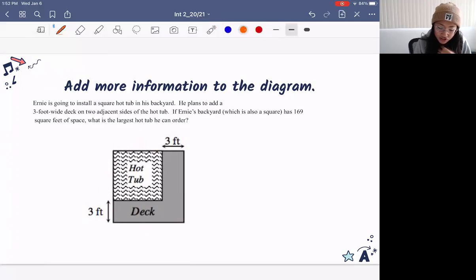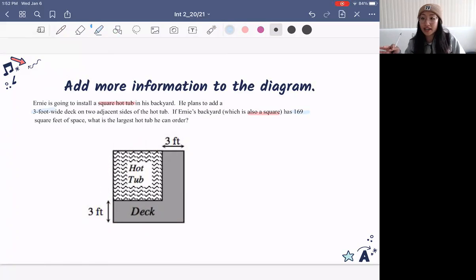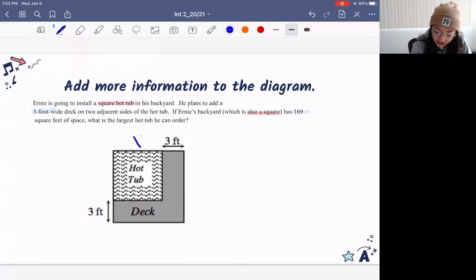So key information here is that the hot tub itself is a square. The backyard is also a square. Some numerical information we have is that it's 169 square feet, while the deck is 3 feet wide on both ends. To fill some things in, just to make it easy to look at, we don't know the size of the hot tub because eventually we're going to need to find that.